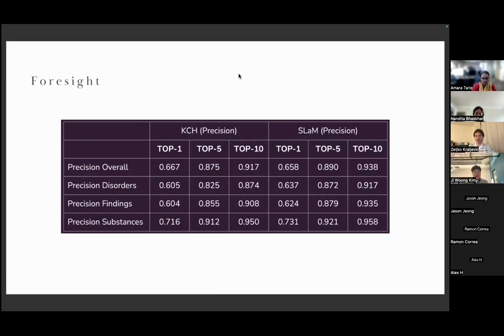They have hypertension and you are trying to predict what comes next. It is very hard to predict what disease comes next just based off of the hypertension concept. So the model basically has a top one, so predicting one candidate, if it's correct, that's a positive result, of 66%, which is a very, very nice result. And top 10, meaning the model predicts 10 candidates.